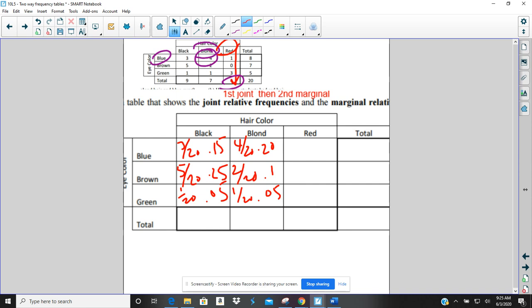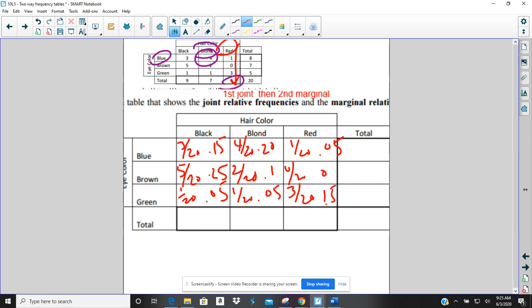All these, by the way, should add up to 100% when we get right down to it. When we add up all the decimals, they should equal 1, unless you're rounding, and then you might have some rounding problems. 1 over 20 is 0.05. 0 over 20 is just plain old 0. There's no one in the class who had brown eyes and red hair. Of course, we know that can happen. And 3 over 20 is, again, 0.15.